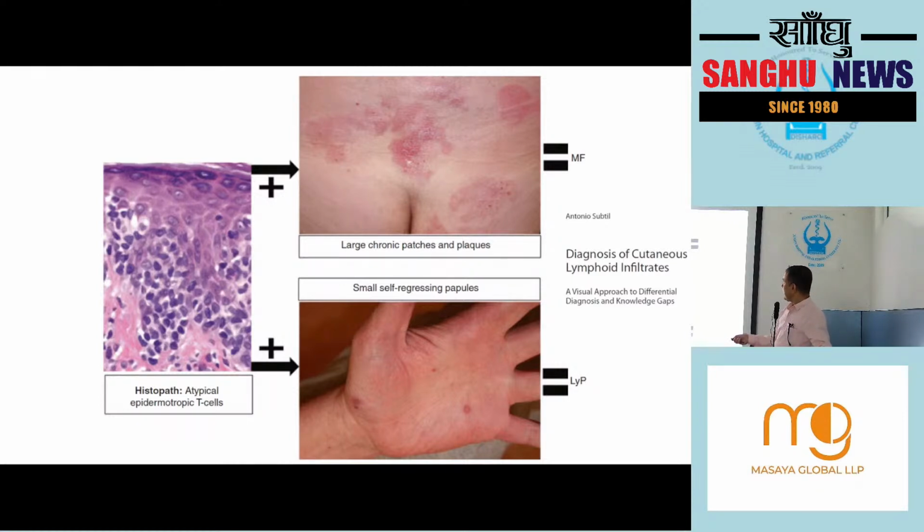With this picture, it can be MF or lymphomatoid papulosis. But there is a clinical difference. If you see a papule like this, it is lymphomatoid papulosis. If it is a patch or plaque like this, it is MF. But microscopically it is the same. That's why the clinical finding is important. That's why I don't diagnose cutaneous lymphoma without seeing the clinical picture. This is the reason.